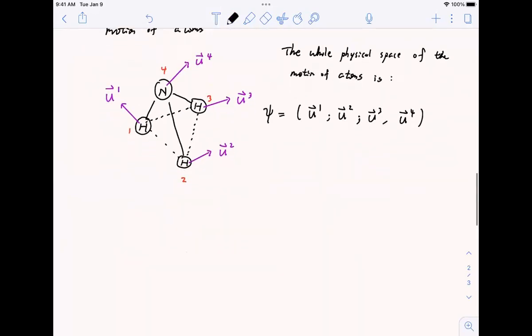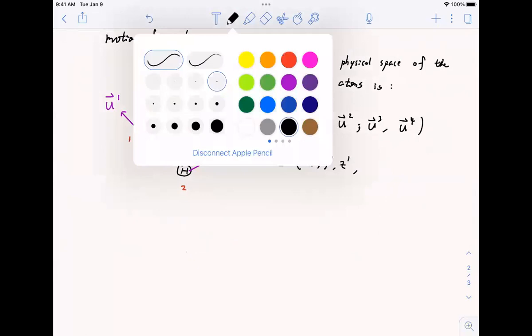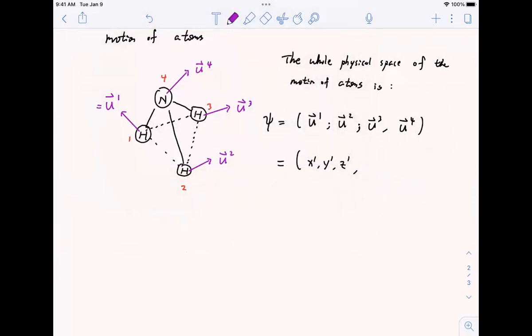Of course, for each one of them, you have X1, Y1, Z1. So basically you just have Xi, Yi, Zi for all of them, with i equal to 1, 2, 3, 4.